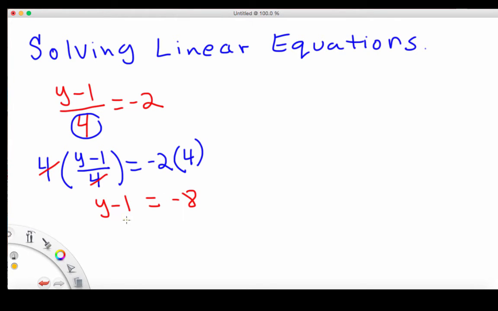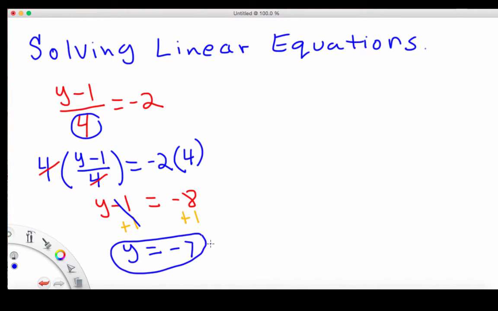Y. So we do the addition equality property, cancel that one out. Now what happens to -1 plus 1? They get canceled out. We go equals, what's -8 and +1? -7. So this is my solution.